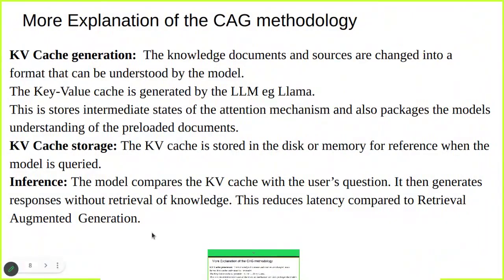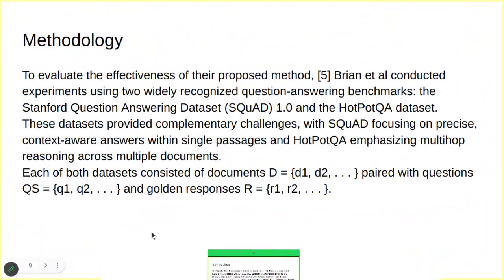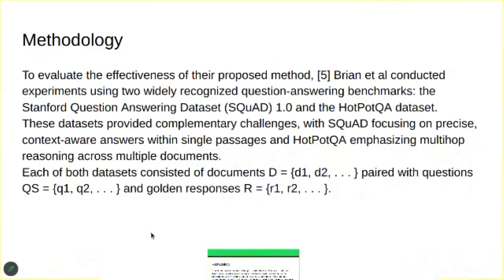So if we go to the next methodology, to evaluate the effectiveness of the proposed method, we are looking at a paper written by Brian and Tim, researchers from Cornell University.